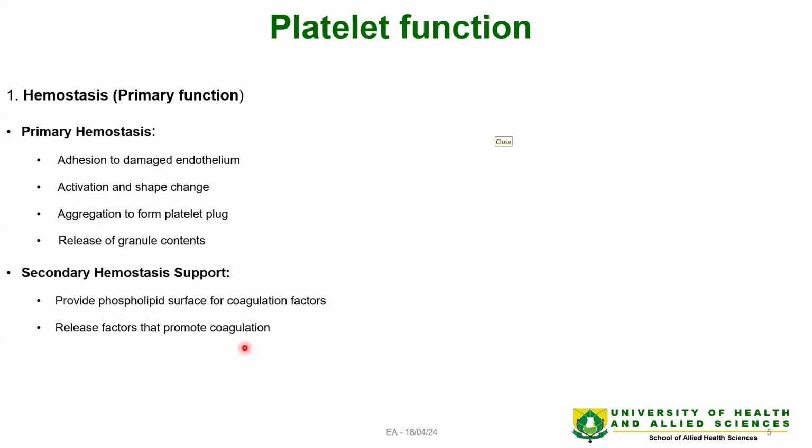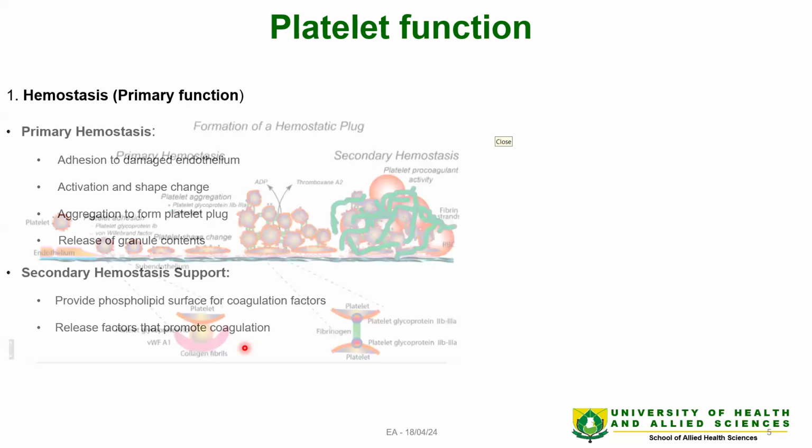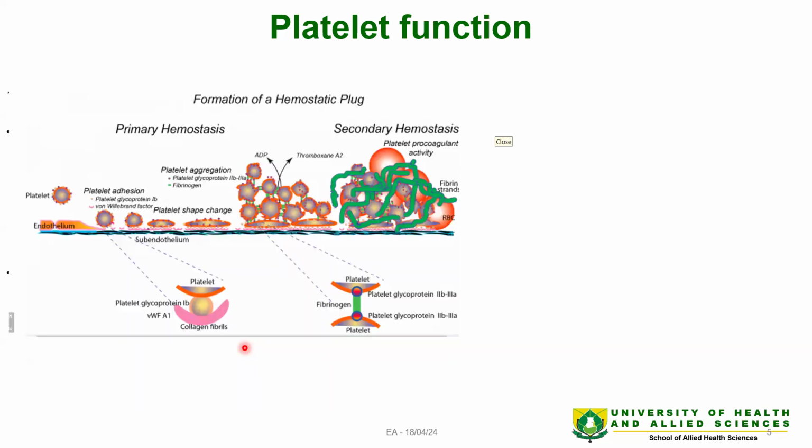Fibrin comes in to consolidate and make firmer the platelet plug, not to allow further loss of blood. Until the site which has been injured is totally repaired, you don't have any more blood being able to ooze out of the blood vessel.